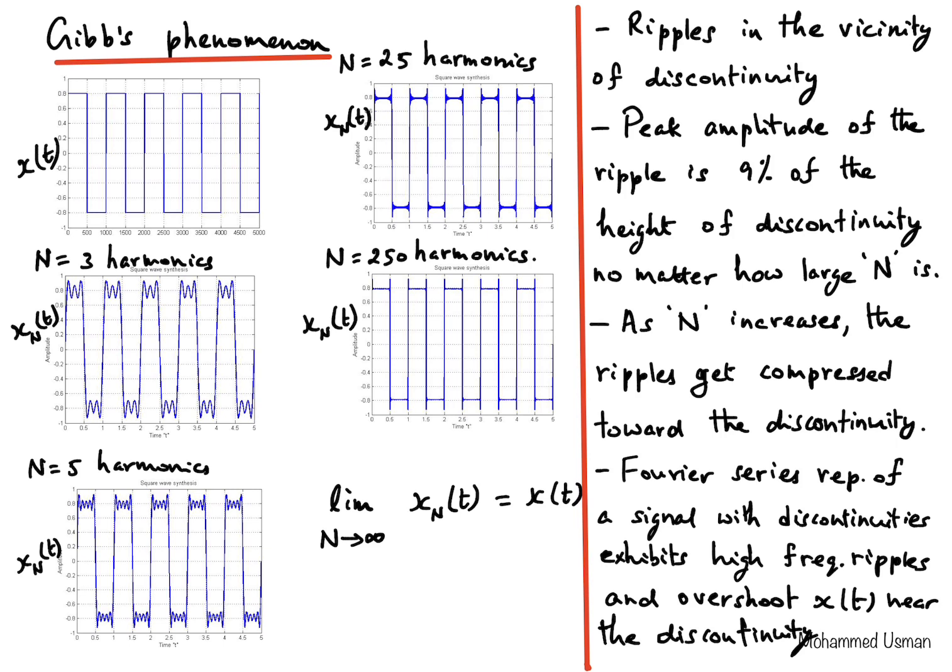In this example, the height of the discontinuity is 1.6, because it goes from 0.8 on the positive side to minus 0.8 on the negative side. When we add 9% of 1.6 to 0.8, that becomes 0.944. And that is exactly what we see here.